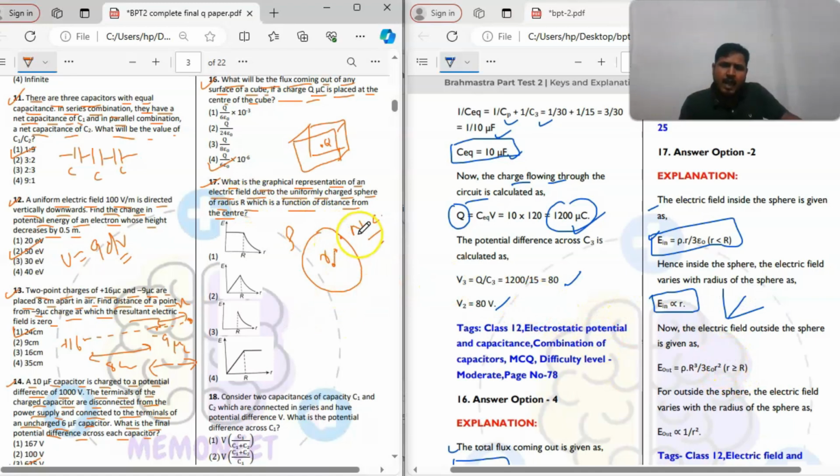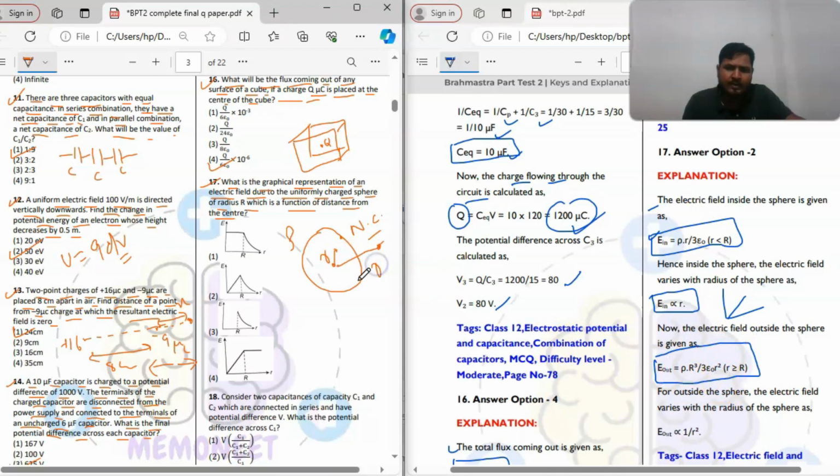Now, outside of this sphere, what will be the electric field? Outside the non-conducting solid sphere, E out is equal to rho R cube by 3 epsilon naught r square.